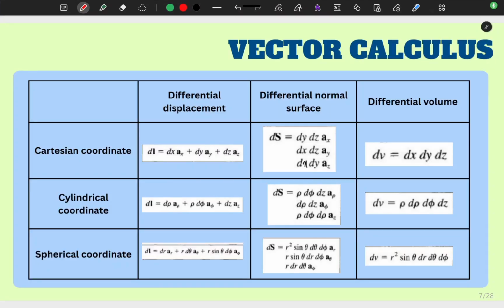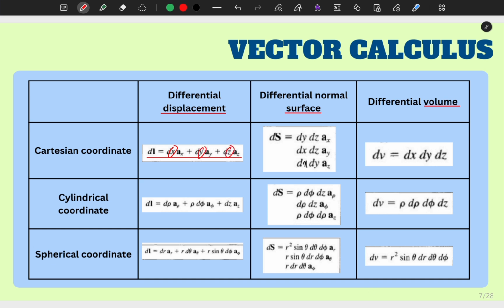In vector calculus, there are three differential elements that are very important, which are displacement, surface, and also volume. For differential displacement in Cartesian coordinate, we can see in this formula, which shows that it is moving in x direction, y direction, and also z direction.